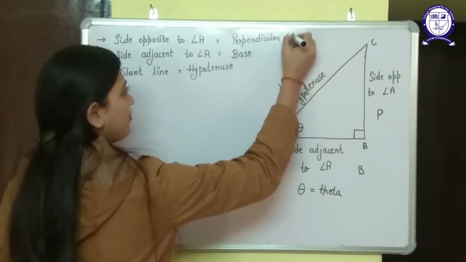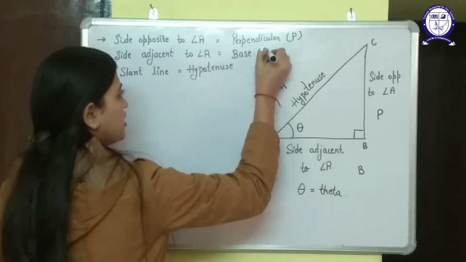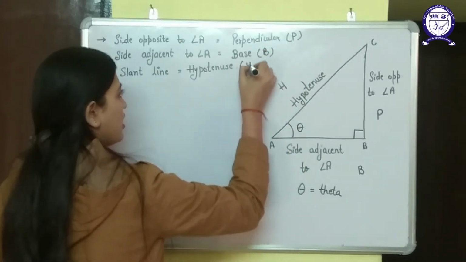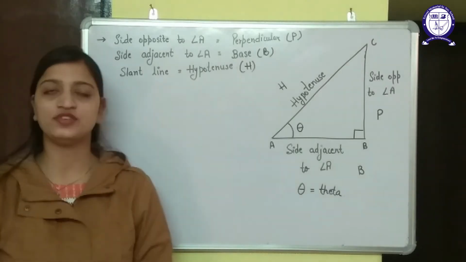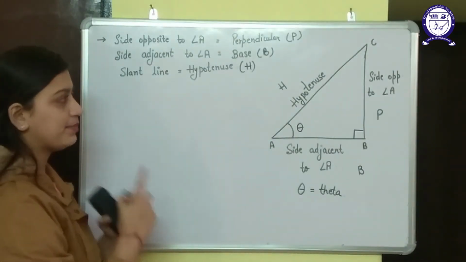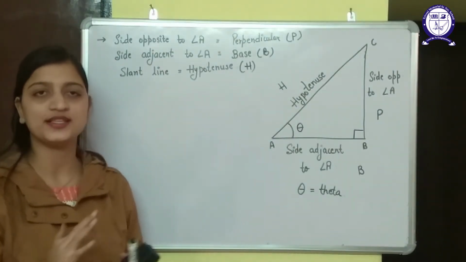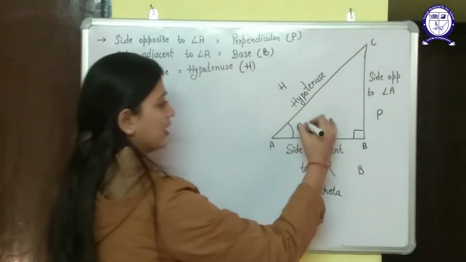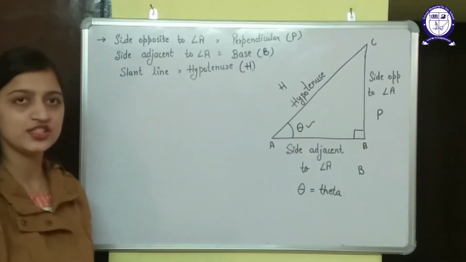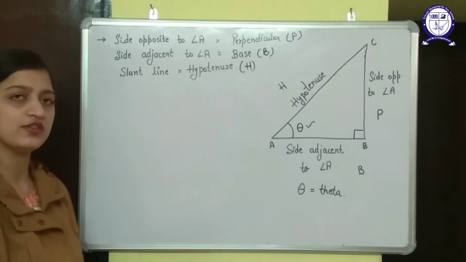So there are 3 things which we will be using: P, B, H, perpendicular, base and hypotenuse, and the 4th thing is this theta, the angle which is considered in the figure.